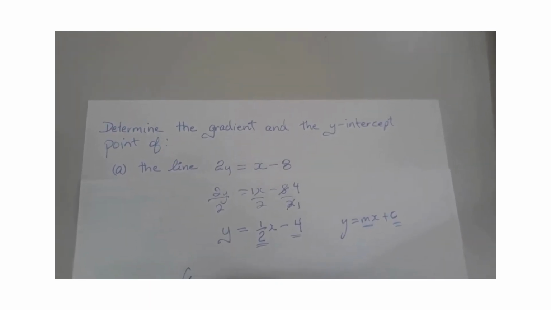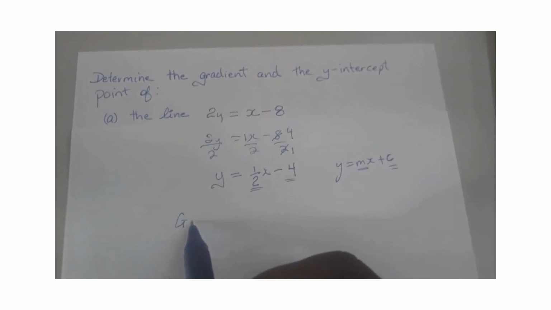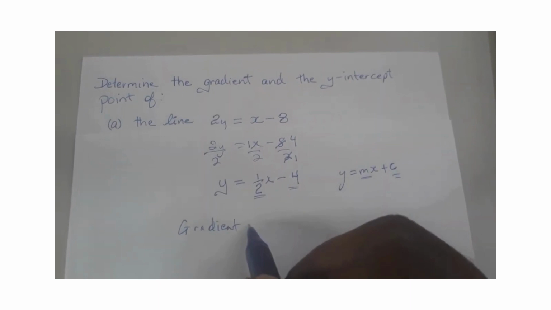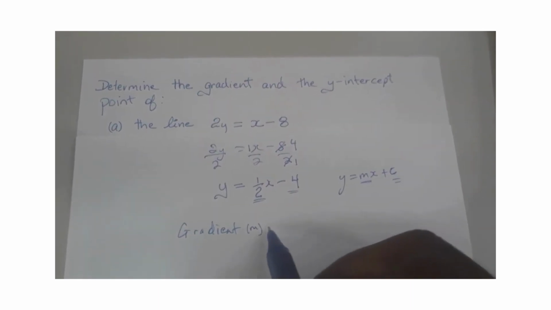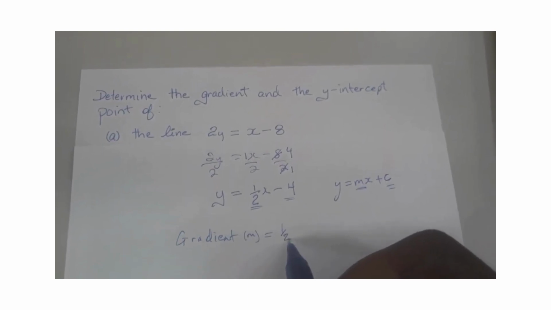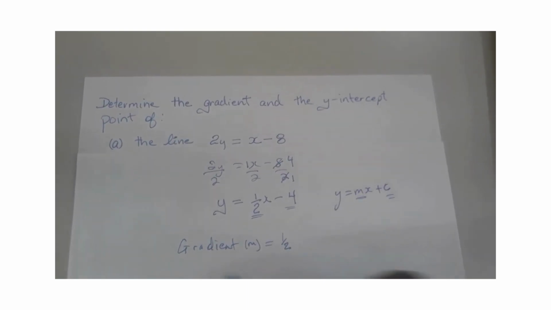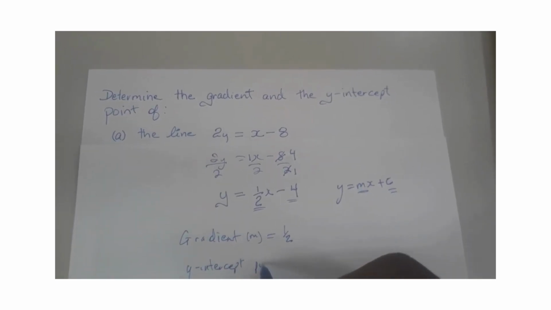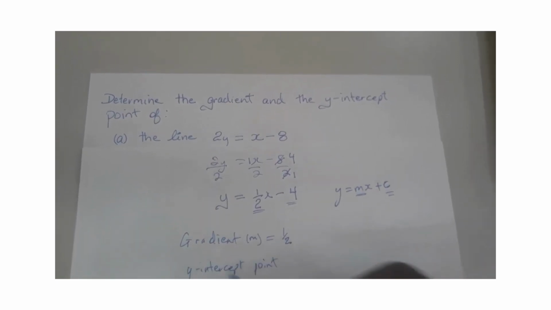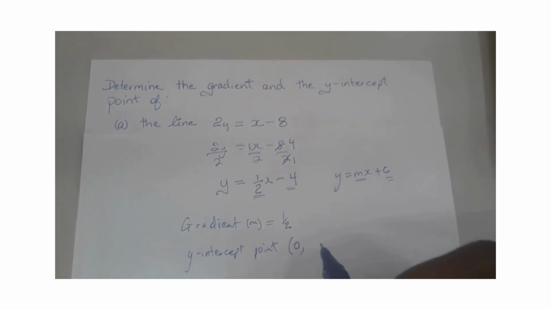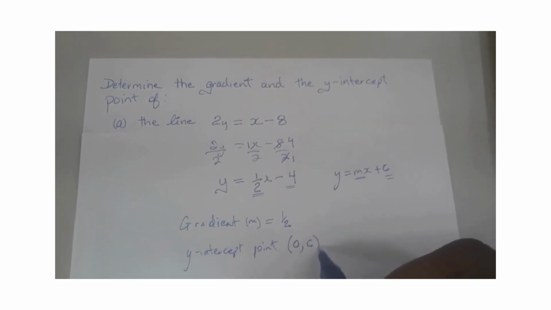So the gradient m is equal to 1/2. And the y-intercept point must be given as an x value being 0 and the c value being the y-intercept.